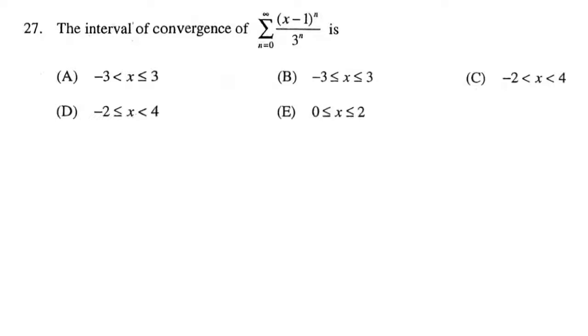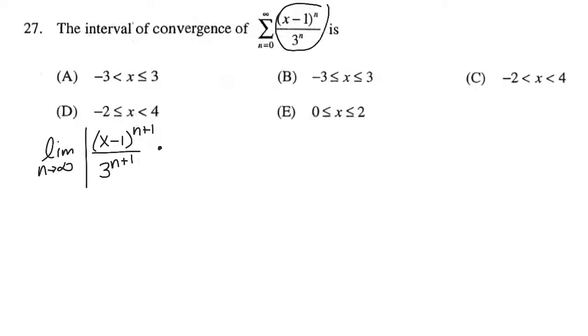With the ratio test, we look at the n plus first term over the nth term, so we have the limit as n approaches infinity of the absolute value of x minus 1 to the n plus 1 over 3 to the n plus 1, times, because we are dividing by this term, we need to multiply by the reciprocal, 3 to the n over x minus 1 to the nth, and all of that has to stay less than 1 for us to converge.